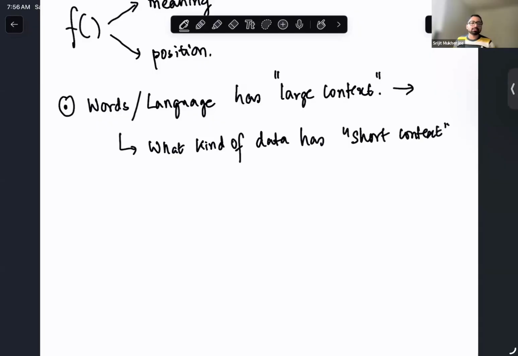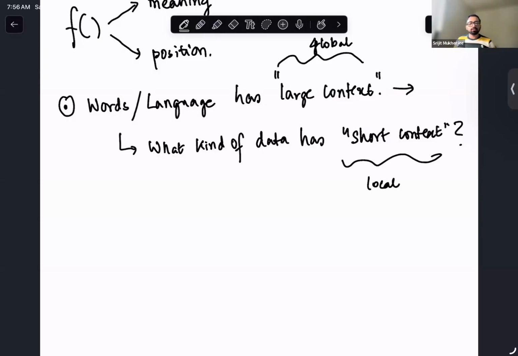Yes, that is about language. But what I'm saying is, why am I specifically talking about large context? So is there any data that has short context, that is very local, not very global in nature? Any ideas, guys? Any idea?